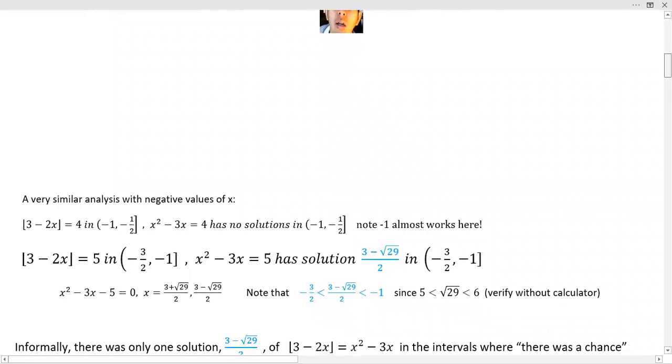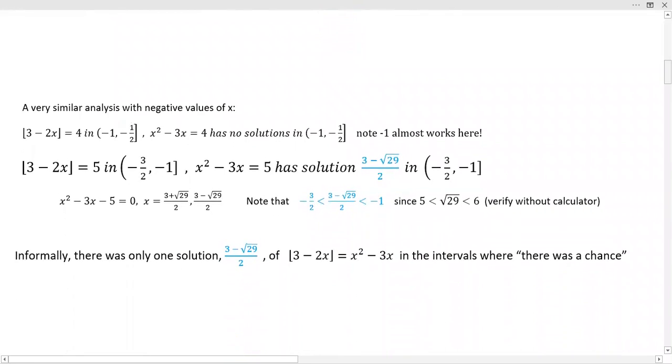I won't run through all the spitballing I had to do here, but I found out that you were as close as you were going to be at the floors of 4 or 5. In a similar fashion, and again I won't go through every last bit of it, it's getting kind of nauseating, but there's no solutions in this interval. -1 in the same sort of way just almost worked, and you guys can verify that. -1 just about worked, but it was right on the margin of the open-closed interval.